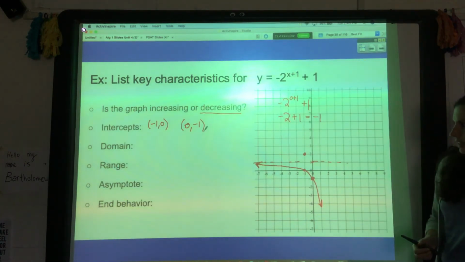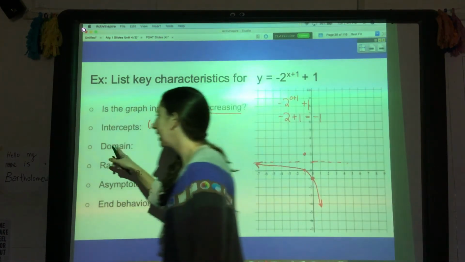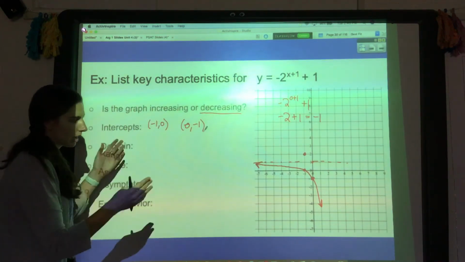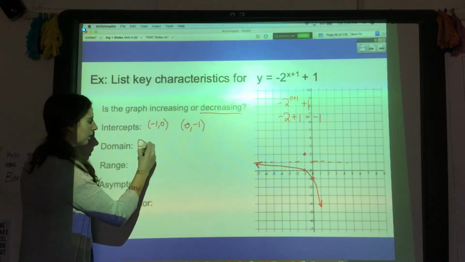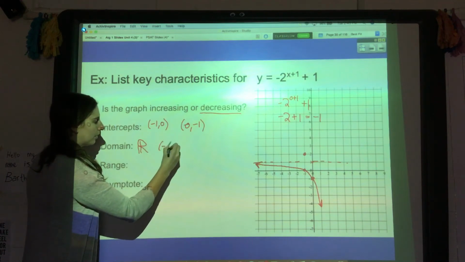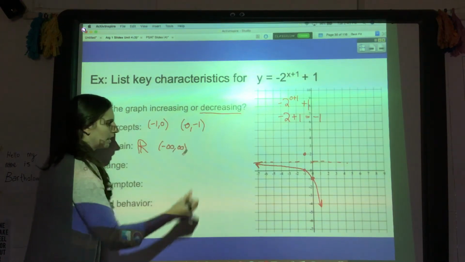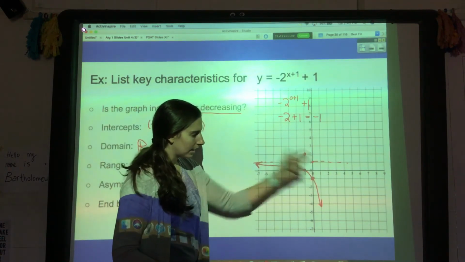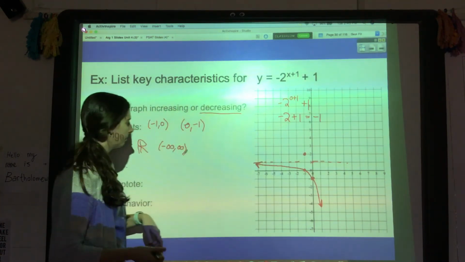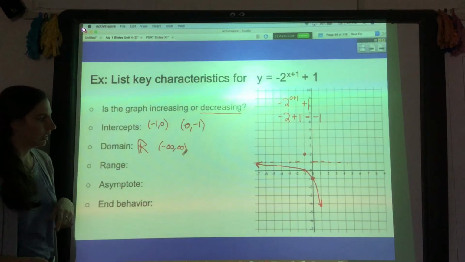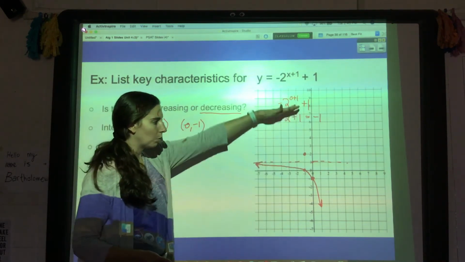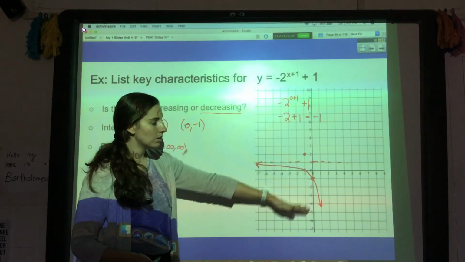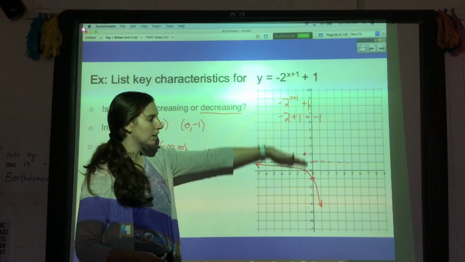All right, next, the domain. The domain for any exponential graph, unless it stops, is going to be all real numbers, or negative infinity to infinity, because it keeps going left forever and it keeps going right forever. But the range is not. As we look at the y values, it does go down forever, but it doesn't go up forever.